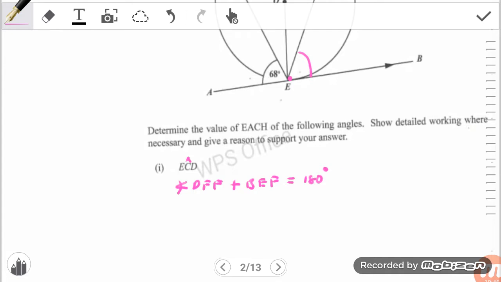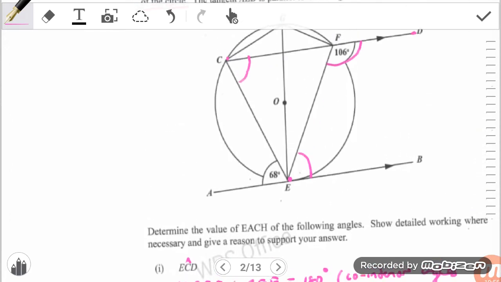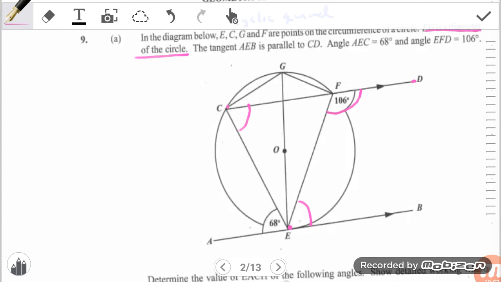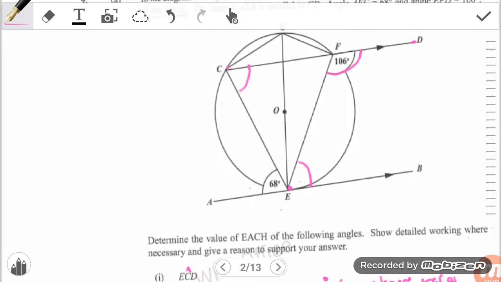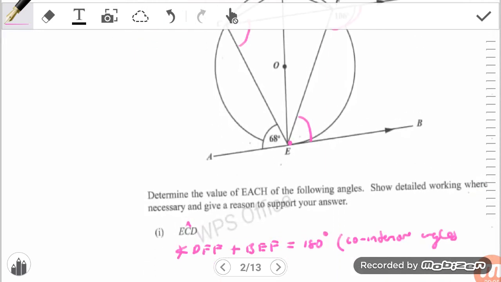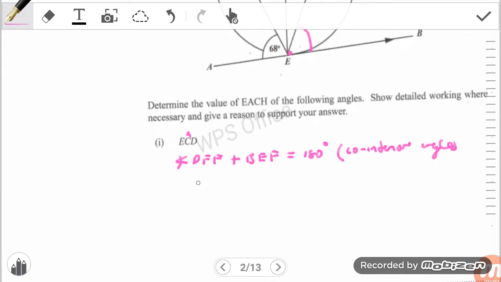Simply because they are both co-interior angles. They are on the inside of the parallel lines CD and AEB.